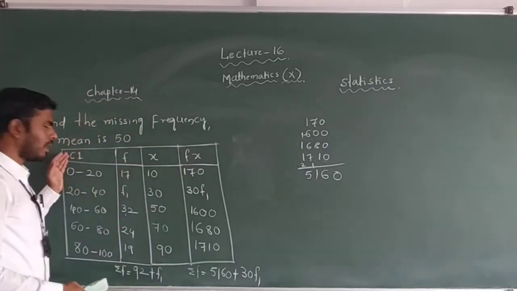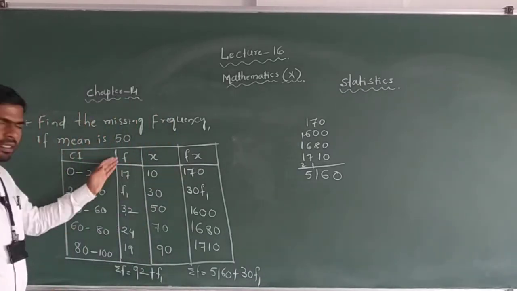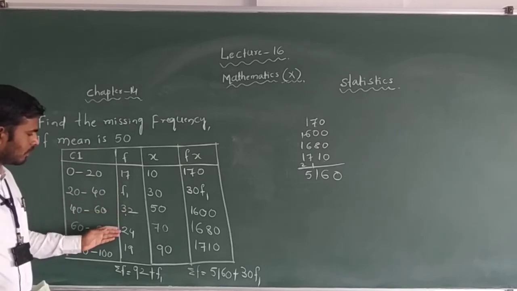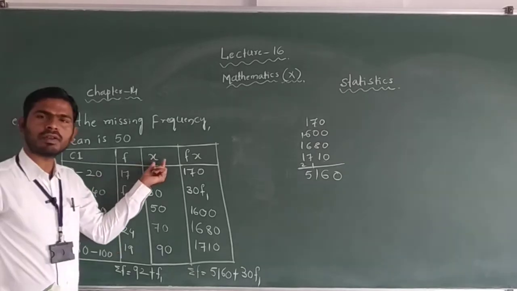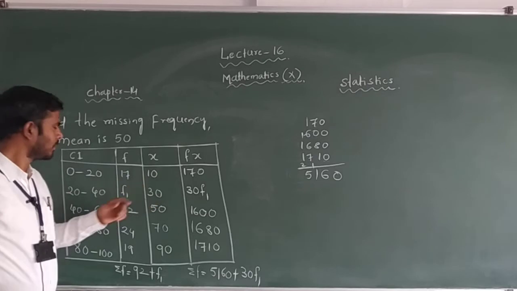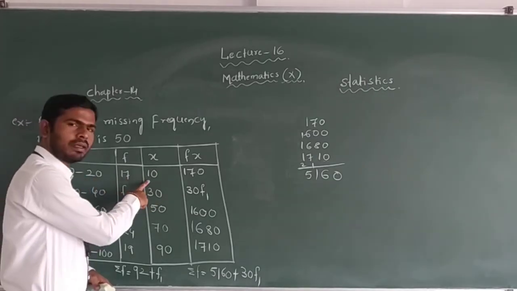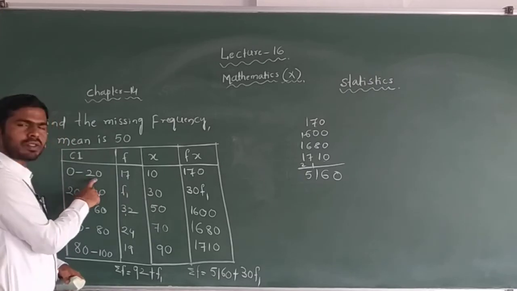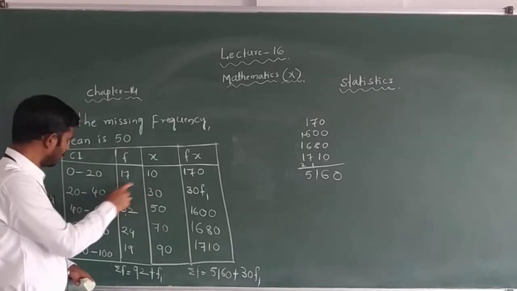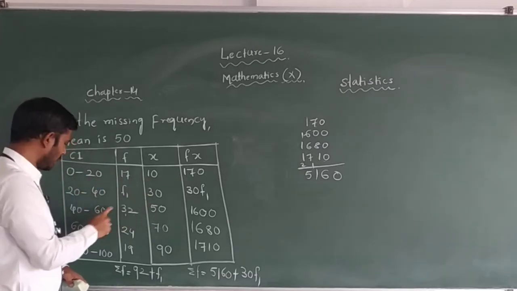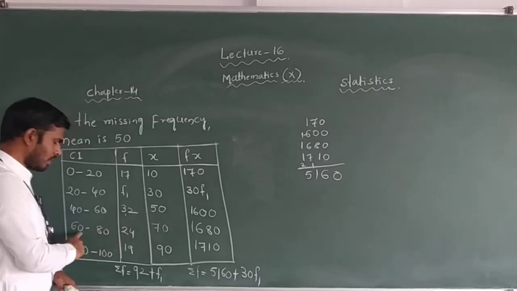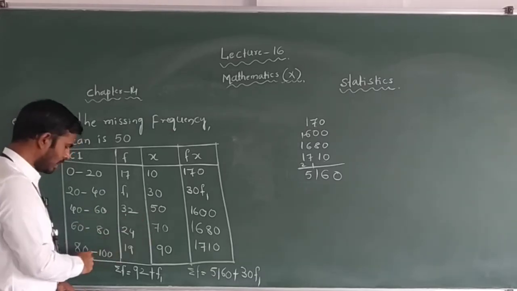First we write the class interval as it is. F is given as 17, F1, 32, 24, 19. Next you have to find the class mark, that is x. X is lower limit plus upper limit divided by 2. So 0 plus 20, 20 divided by 2 means 10. 60 by 2 is 30, 100 by 2 is 50, 140 divided by 2 is 70, 180 divided by 2 is 90.